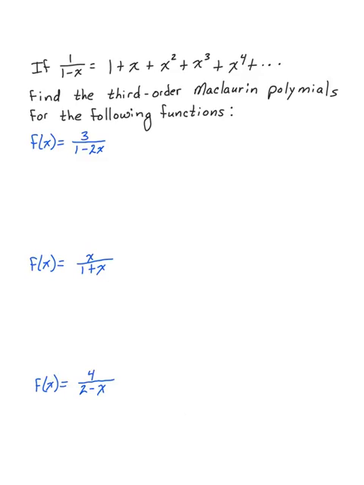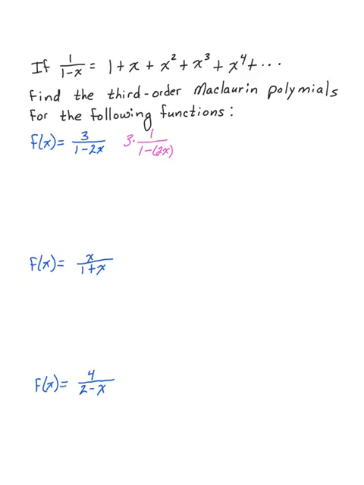All right, so what we can do, we can think of this as 3 over 1 minus 2x. And the 3, let me actually write it this way. We can think of this as 3 times 1 over this.